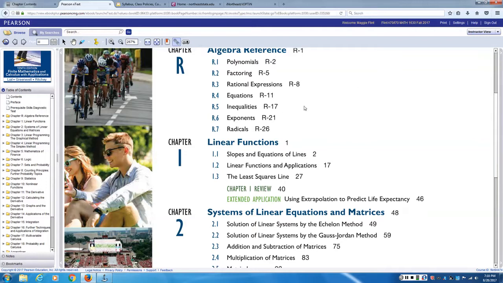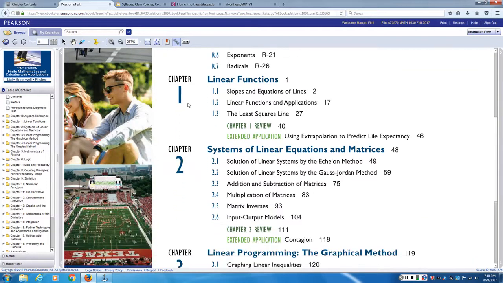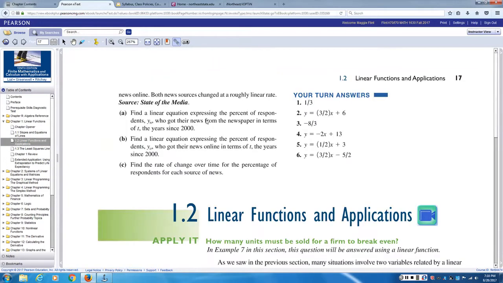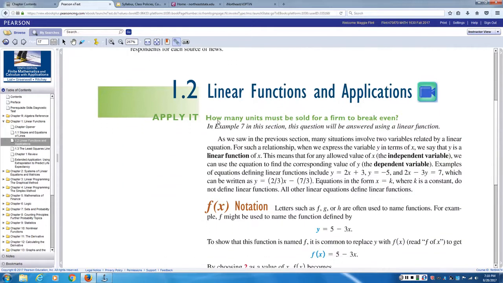So this is your textbook, and just so that you understand why this is actually better than a pencil and paper textbook, I'm going to go to chapter 1, and I'm going to go to the second one. These are some things that are already in the book for you.